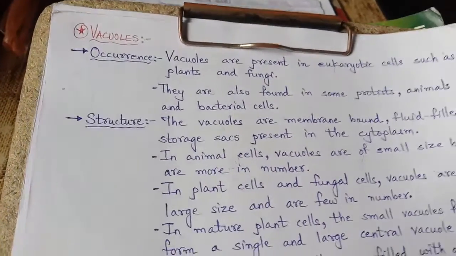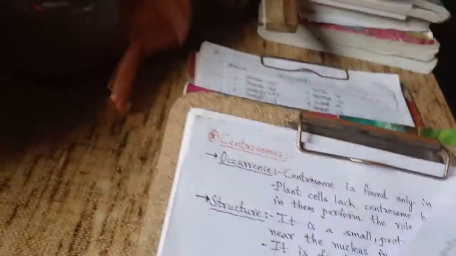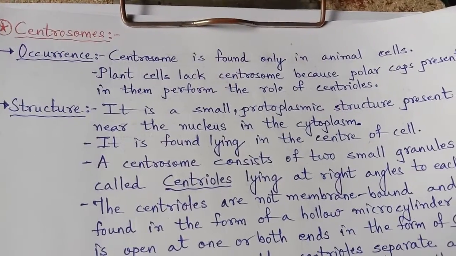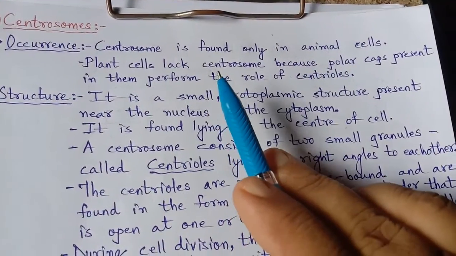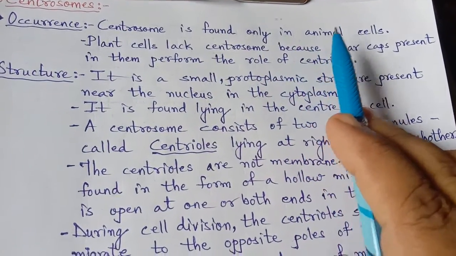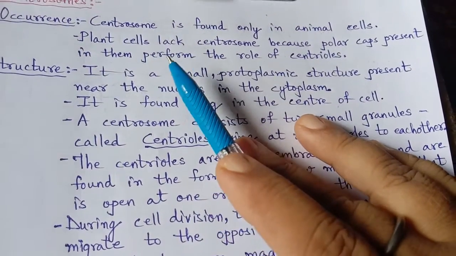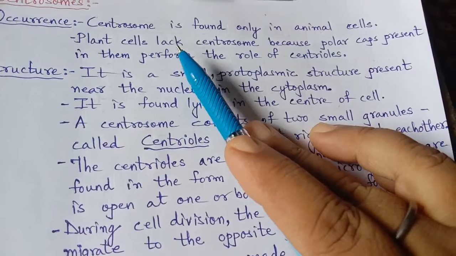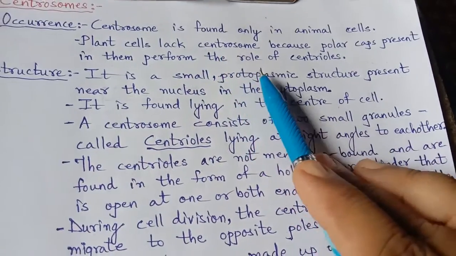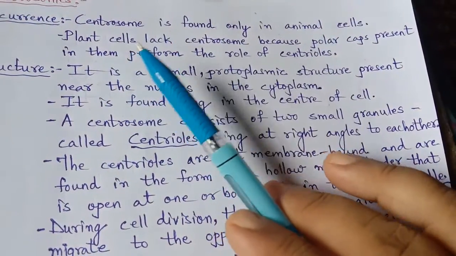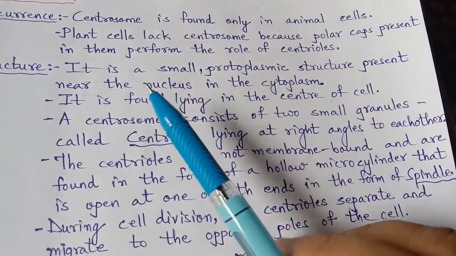Now it is about centrosomes. Centrosomes are found only in animal cells. Plant cells lack centrosome. Lack, that means they don't have. Why don't they have? Because polar caps present in them perform the role of centrioles.